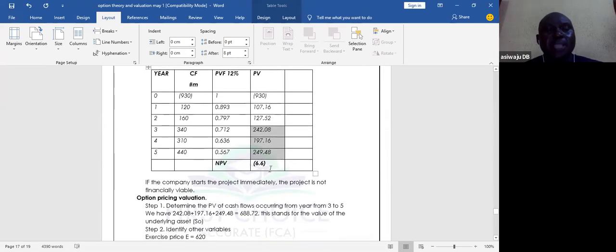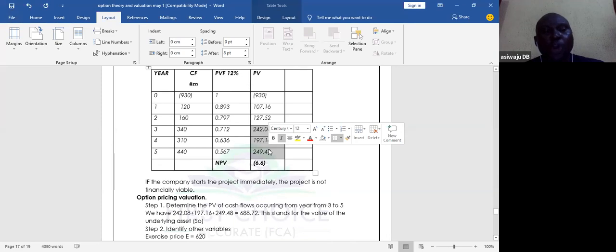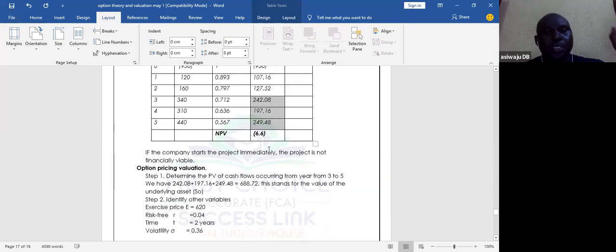You now come here. The present value of your cash flow from the time the investor is willing to buy, say from year 3, you are going to add the present value up to year 5. That becomes your S0.